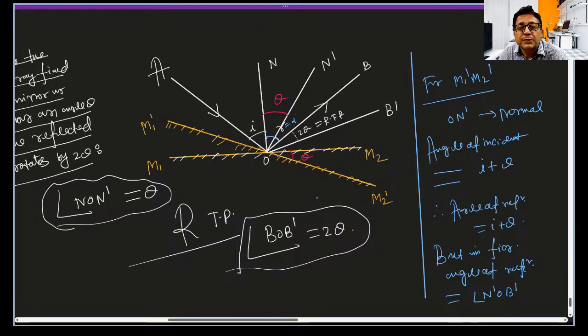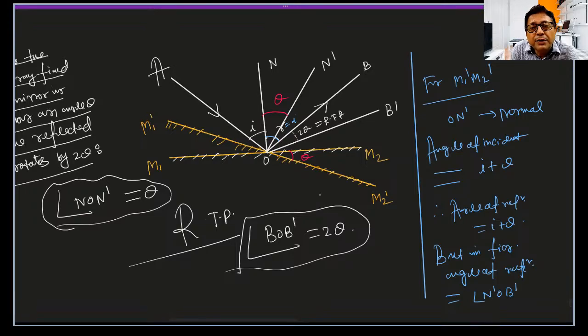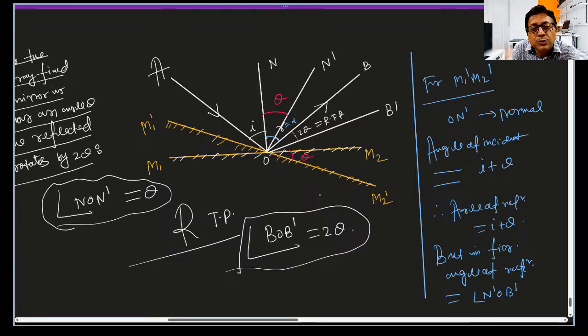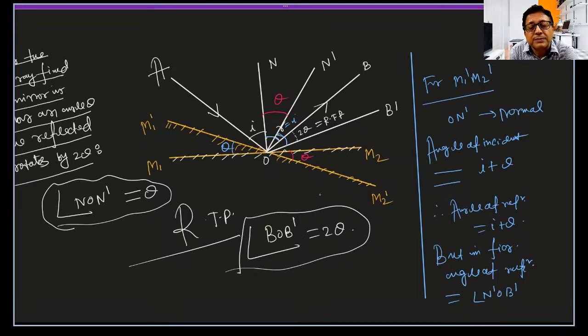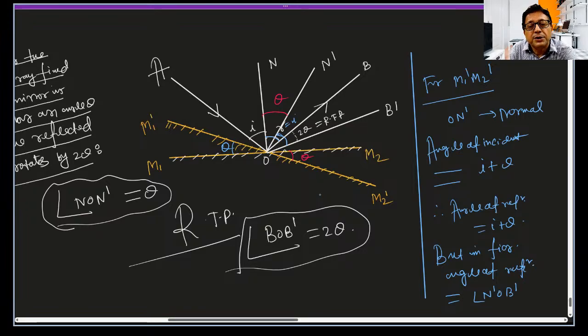Now you want to find N dashed OB dashed, this one. So the angle of reflection will not remain I, it is obvious. This angle is theta, this angle is also theta. The normal to this surface is ON dashed, so this total angle is 90 degrees.